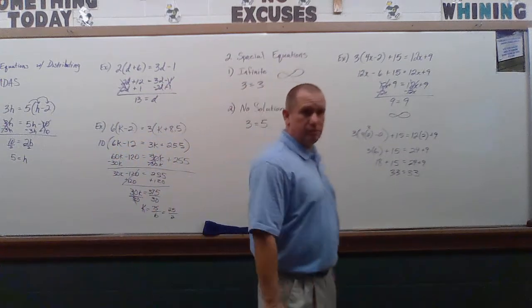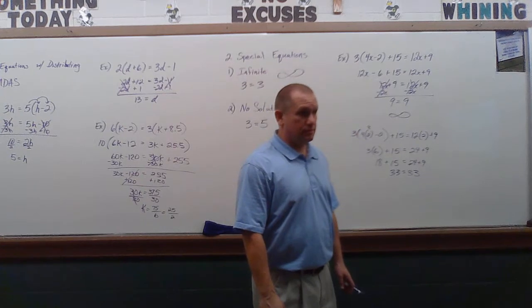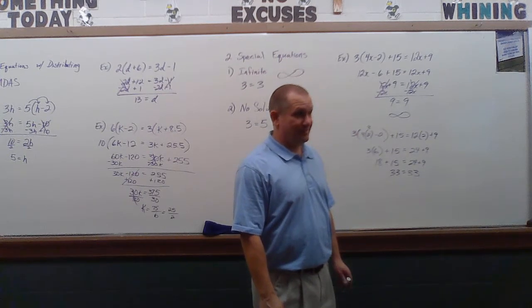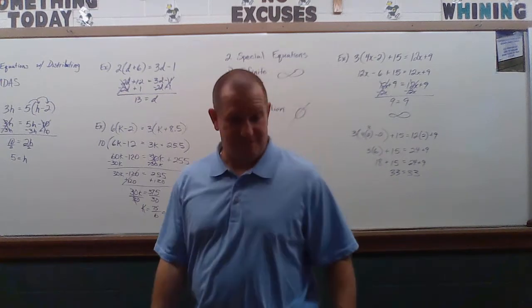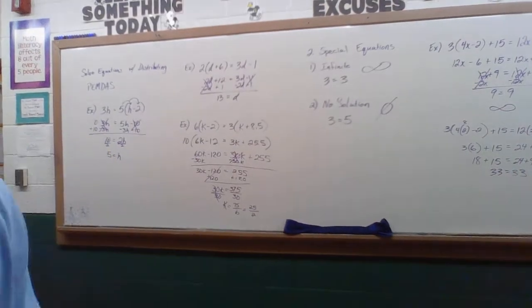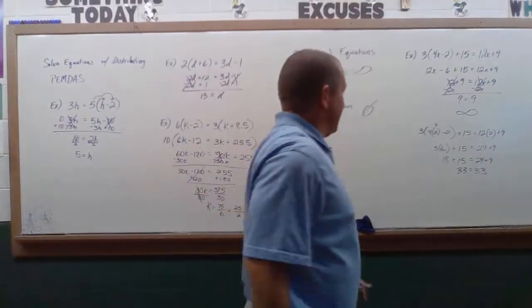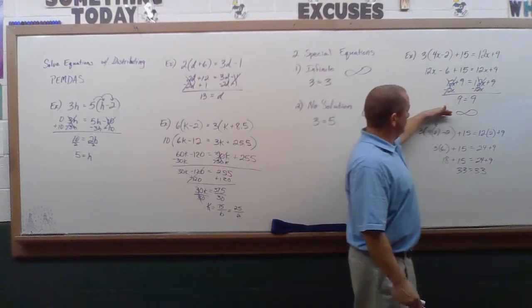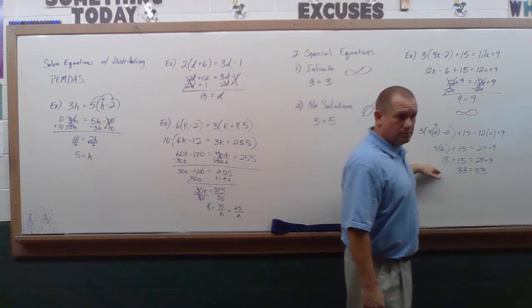Somebody use a different number besides 1 and 2. Brady, what'd you use? You used 1? Okay. So, does everybody agree that it worked? And again, this just proves that whatever number we throw in there, it should work out.